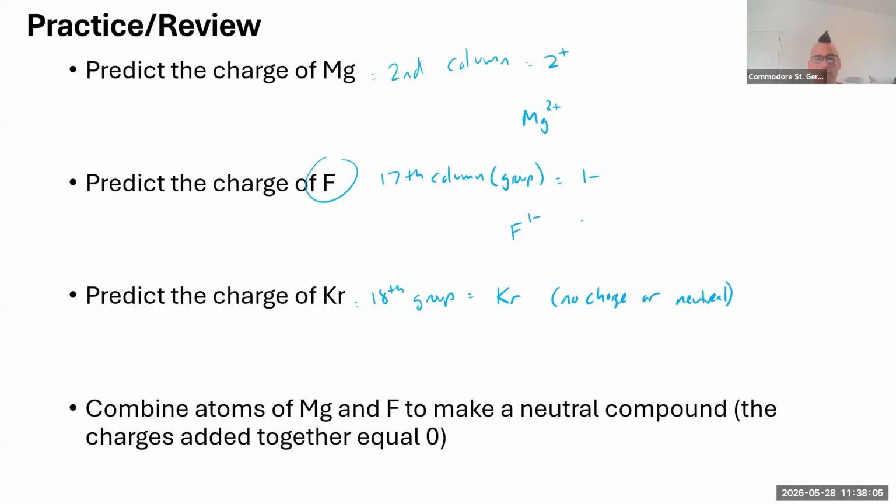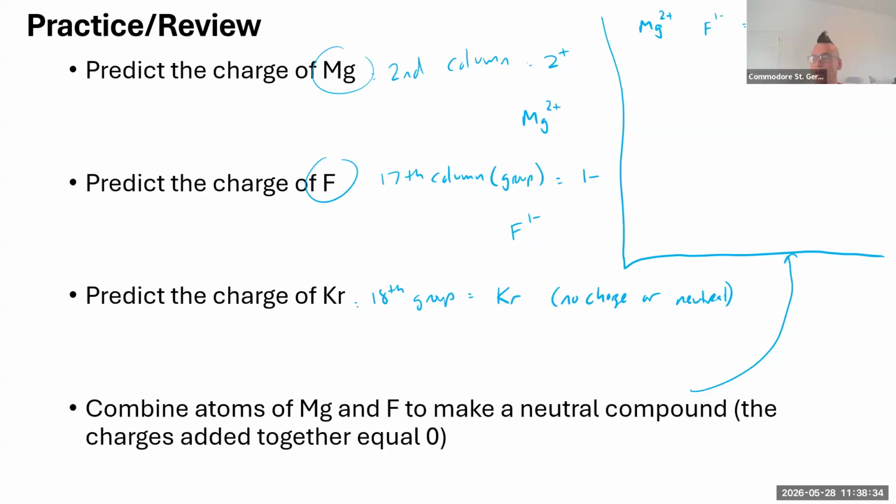All right, let's do this last one. Combine atoms of magnesium and fluorine to make a neutral compound. The charges have to add to zero. Let's do it over here in this little box. The normal charge of magnesium is 2 plus. The normal charge of fluorine is 1 minus.